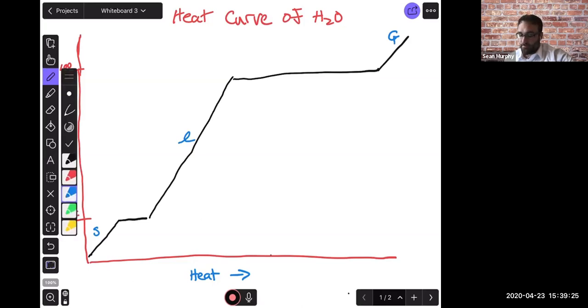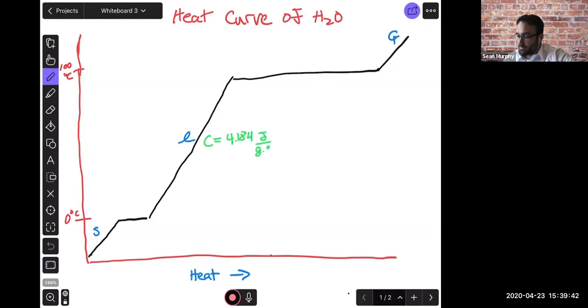Up until now, for liquid water, the specific heat capacity has been 4.184, and remember, it's joules per gram degrees Celsius. But water has a different heat capacity if it's a gas or a solid.